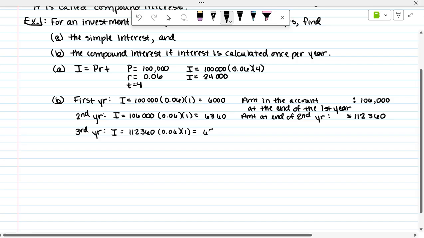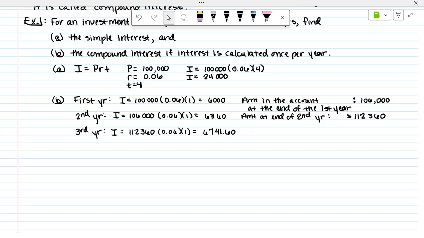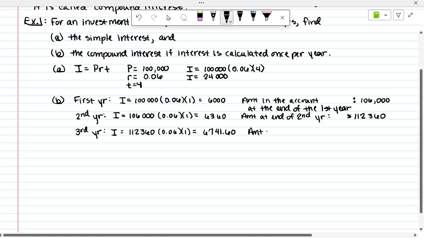Good. $6,741.60. Good. So, I'm now wanting to write that A, amount at end of third year.